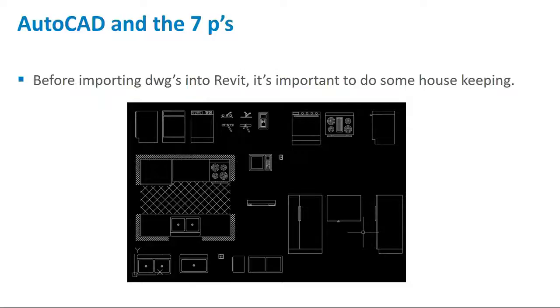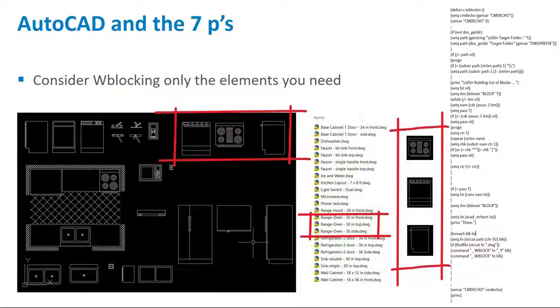What I really want to do is start looking at blocking out objects in here, so that you can see in this column in the middle of the slide, what I've done is used a Lisp routine just to block out all the blocks within that drawing file, so I can then start working on crossing over into the family, and we'll see how that works in a few slides' time.